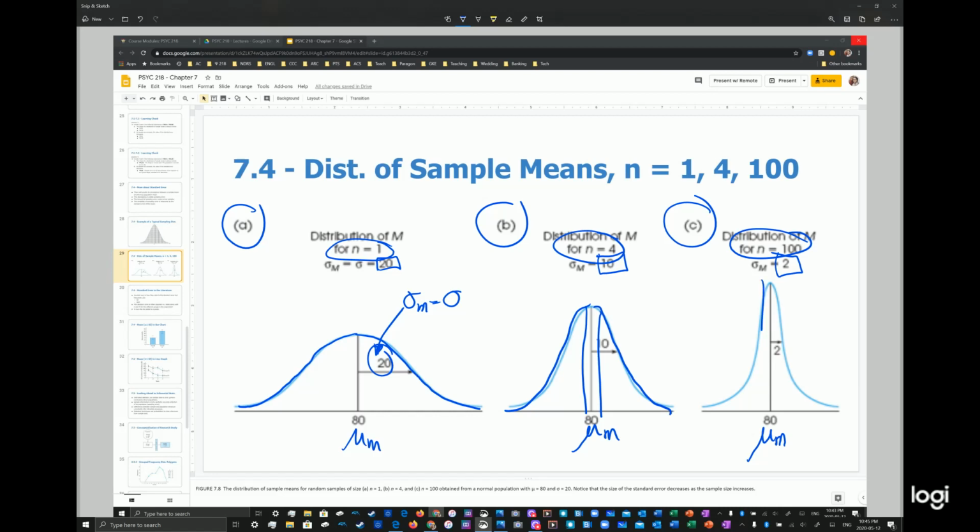And finally, with a sample size of 100, you're going to get scores closer to the population mean in your samples, and the sample means themselves would also be closer to the population mean. Therefore, it's going to be really tall and skinny, where most of the sample means pile up in the middle, close to the population mean.